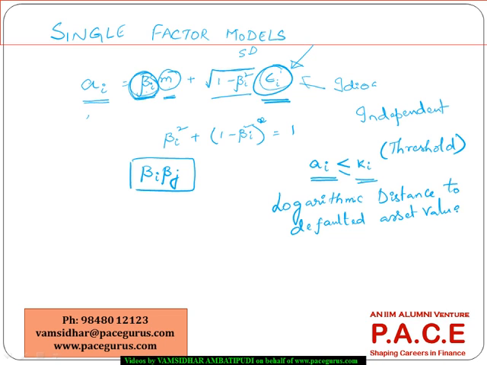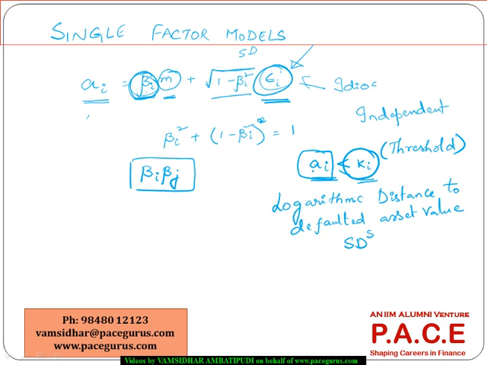The logarithmic distance to the default asset value is measured in terms of the standard deviation, meaning the number of standard deviations away from the default asset value. So whatever threshold we are defining, corresponding to this threshold, what is the number of standard deviations that your asset value is away from.